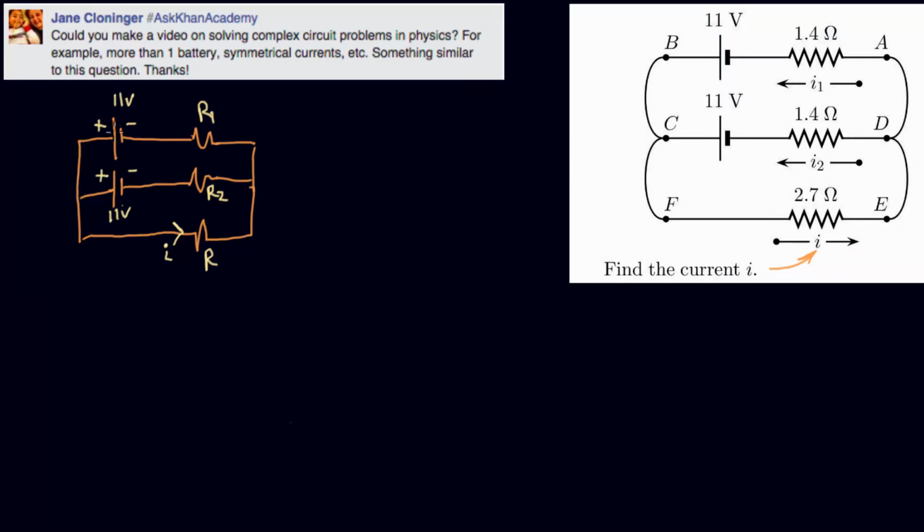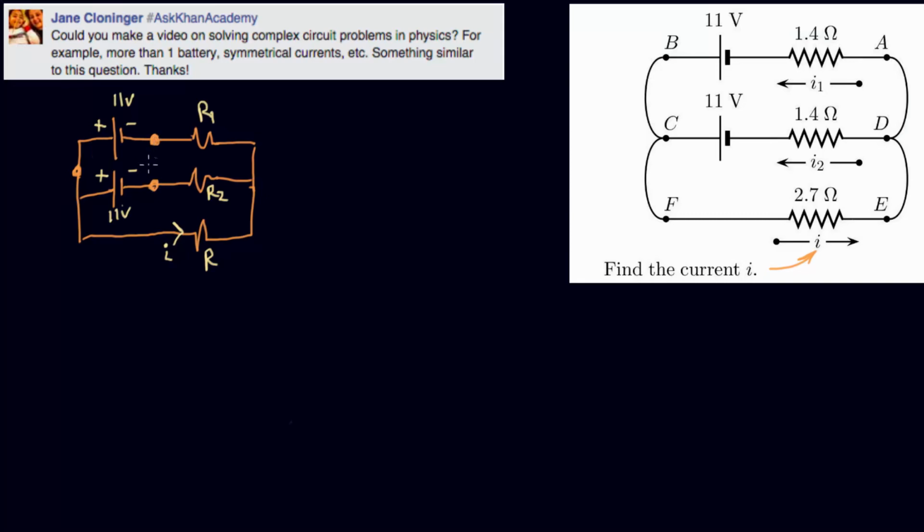And we know they're both 11 volts, and that means that this node here, and this node here are at exactly the same voltage with respect to this node here. This one is 11 volts lower in voltage, and this node is 11 volts lower in voltage.